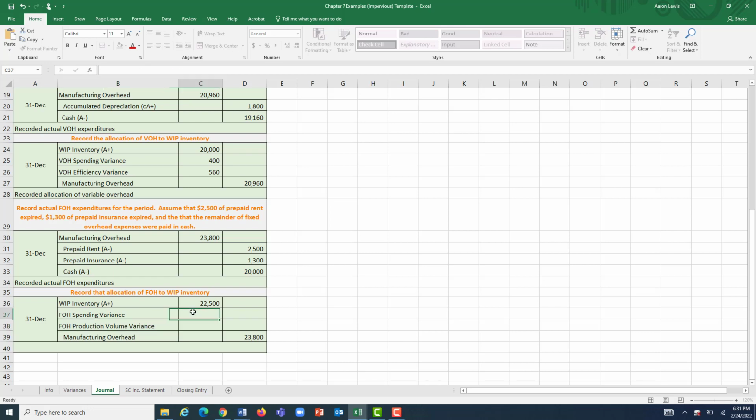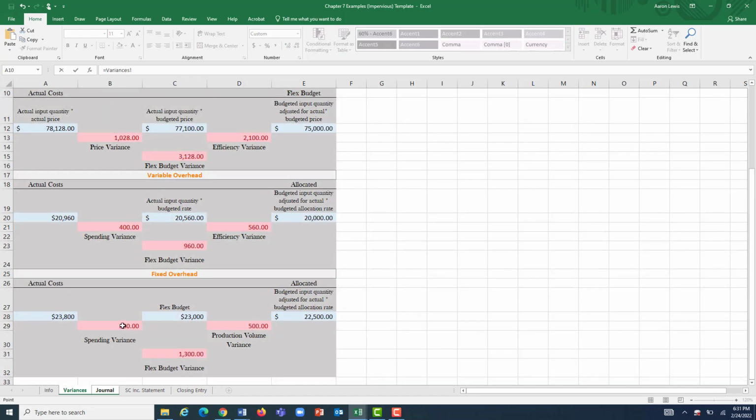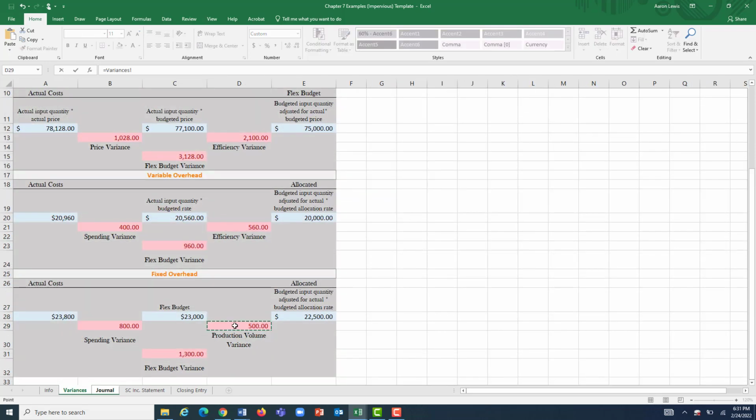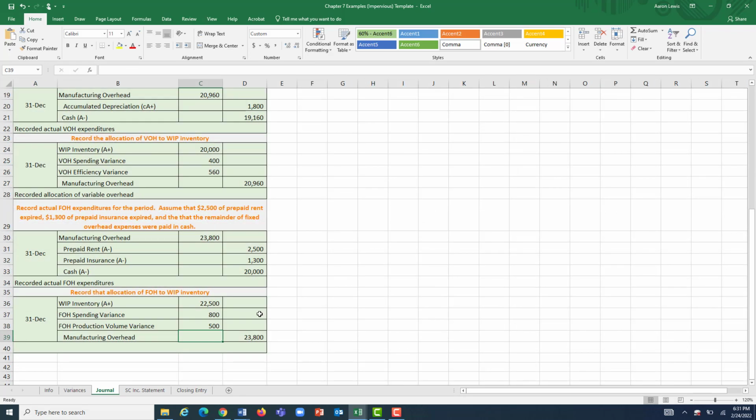The amount of our fixed overhead spending variance, according to our calculations, was $800. The amount of our fixed overhead production volume variance was $500. I'm going to bring that number over. And now we've got $23,800 worth of debits and credits. Our entry lines up. And in this entry, we recorded the allocation of fixed overhead.